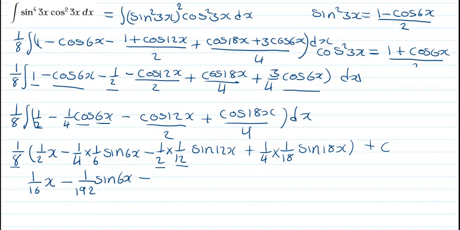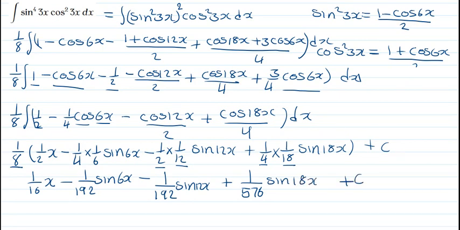So 1 over 192 sine 12x. Then the last part, plus we multiply 8 by 4 by 18, we're going to get 1 over 576 sine 18x plus c. This is the integral of our function.